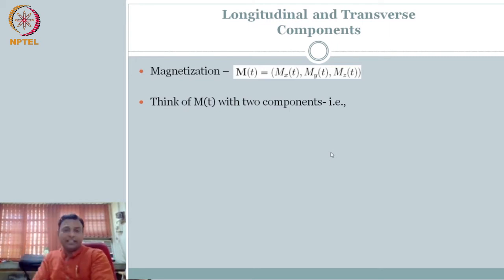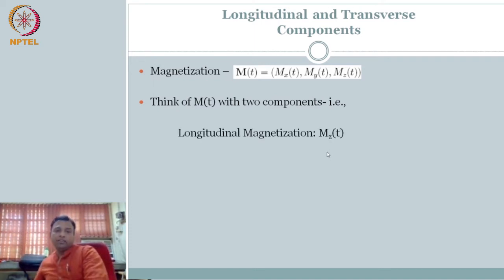So that is your z direction. You should retain your Mz of t because that is what we have built. But when it comes to the other Mx and My, instead of having Mx and My separately as two variables, we could actually talk about the component on the floor. In other words, one we will call longitudinal magnetization, which is the z direction.